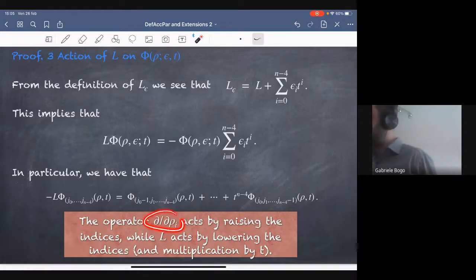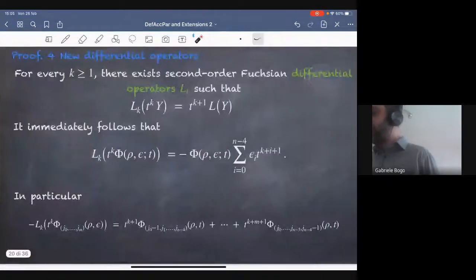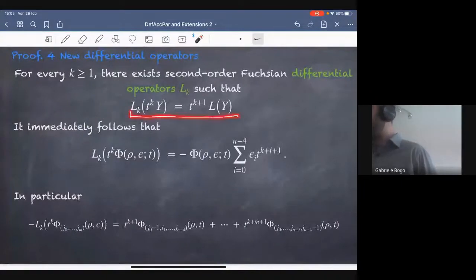If you want to understand what this is doing to the holomorphic solution, we want to balance it by applying the action of the differential operator as many times as needed, but we have some power of t that appears here, which we don't like. So what we do is introduce new differential operators for each k with this property.